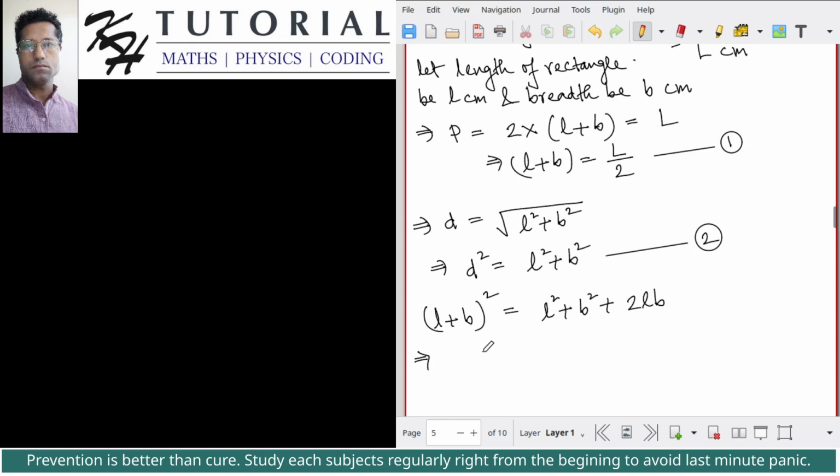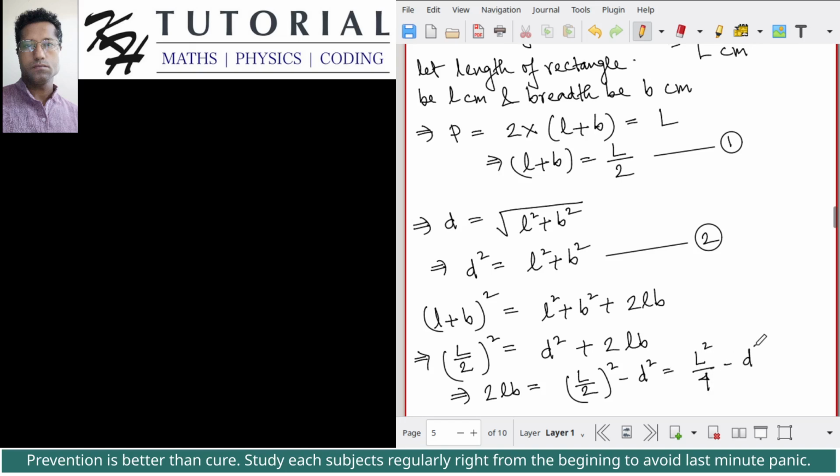Now what is l plus b? l plus b we have already found to be L by 2. So we have (L by 2) square is equal to l square plus b square, which is d square, plus 2 into lb. So this implies 2 into lb will be equal to (L by 2) square minus small d square, which is equal to L square by 4 minus d square.